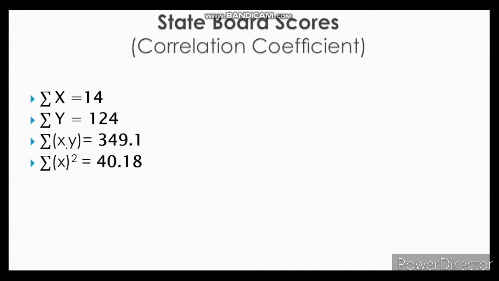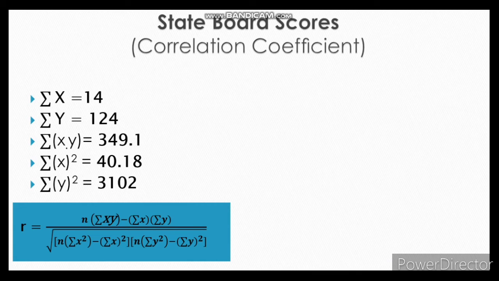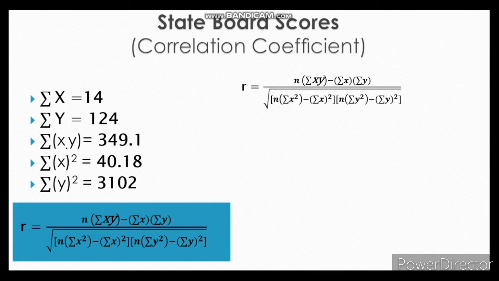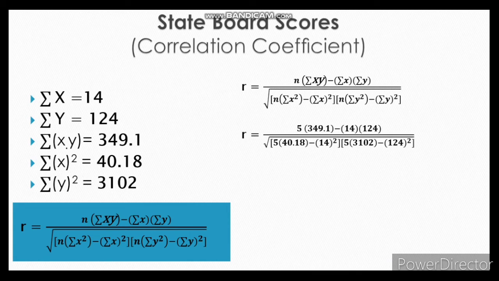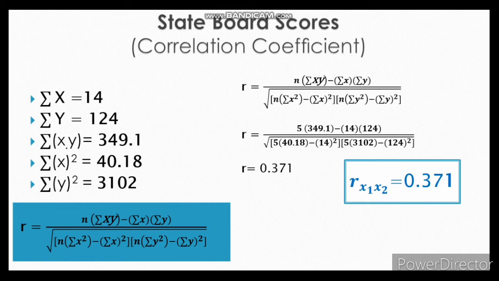Summation of x square is equal to 40.18. Summation of y square is equal to 3,102. And then, isa-substitute natin sila ulit sa formula ng correlation coefficient. At nakuha natin value para sa R sub x sub 1, x sub 2 is equal to 0.371.